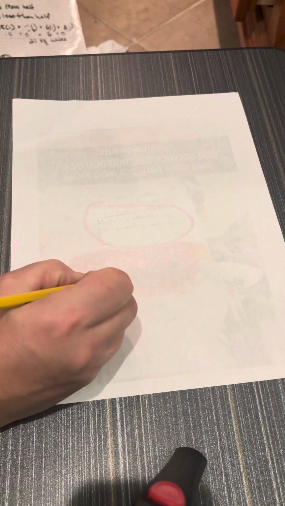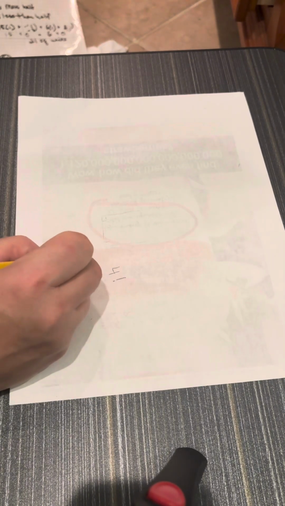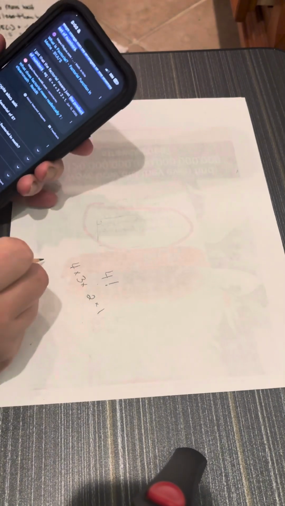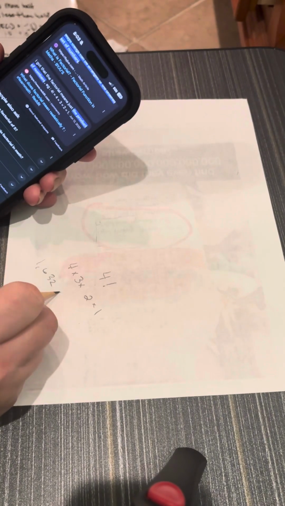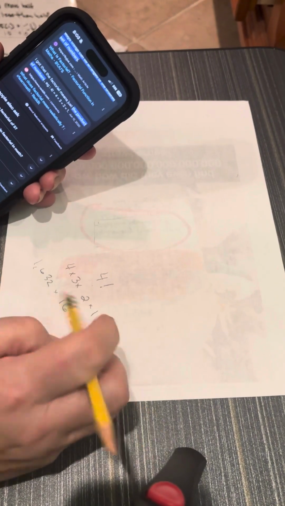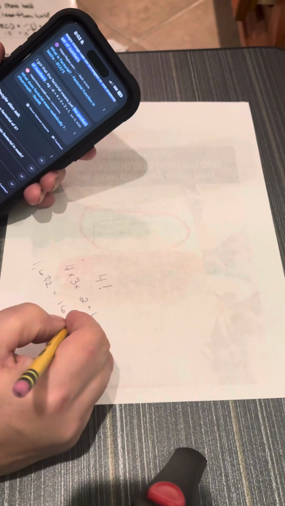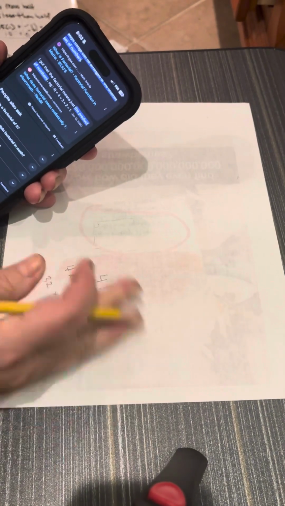We see it on a calculator as an exclamation point, and it means 4! is 4 times 3 times 2 times 1. But when you get into larger numbers, like 1,632, it's going to be repetitive. So we learned about that in class.